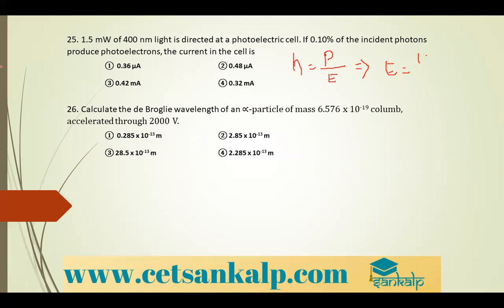You have the formula I is equal to n into e. This is not h. Okay, one minute. They have told you to find I, right? So the formula is I is equal to n into e. Now n is equal to P divided by E. So E is equal to 1240 divided by 400.